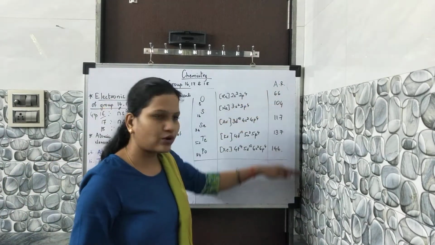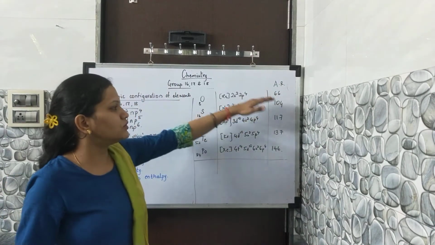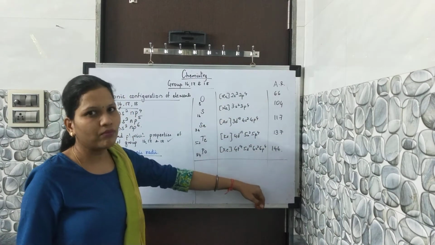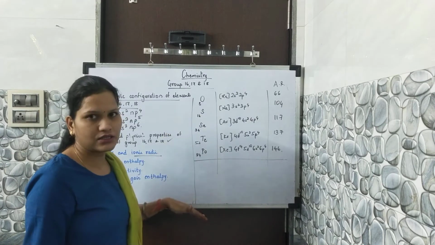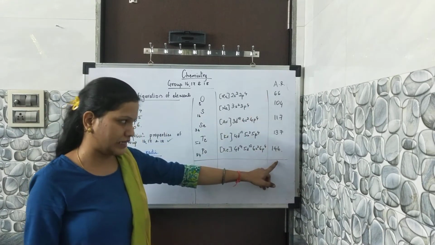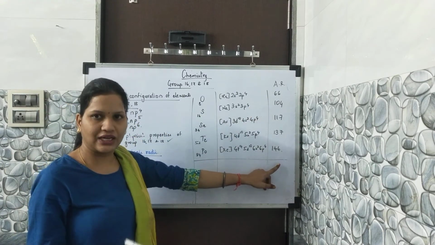As we move down the group, the number of quantum shells increases, and as the shells increase, the atomic size increases.